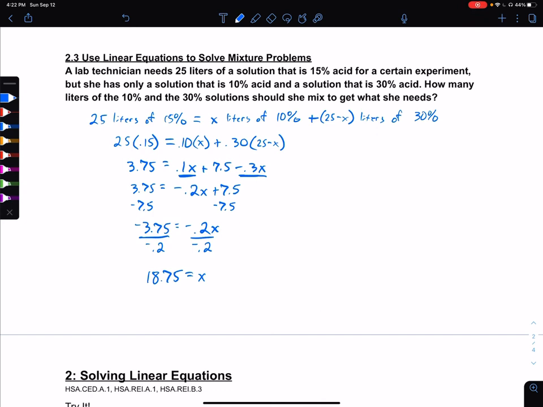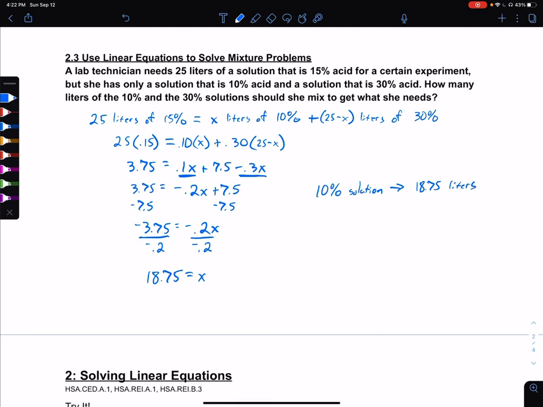All right, now we're not done because we didn't actually answer the question yet. We just solved the equation. What did the 18.75 and the x represent? Well, that was the liters of 10% solution. So for the 10% solution, we need 18.75 liters.